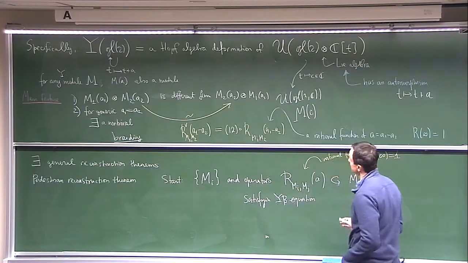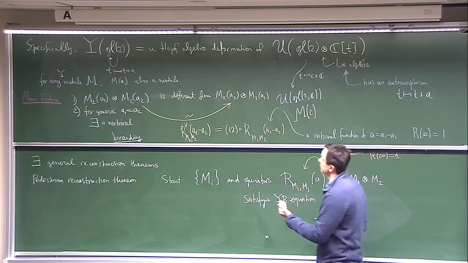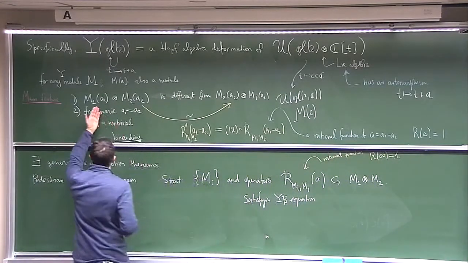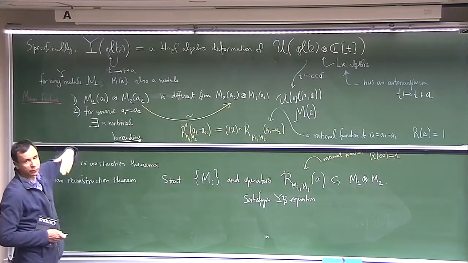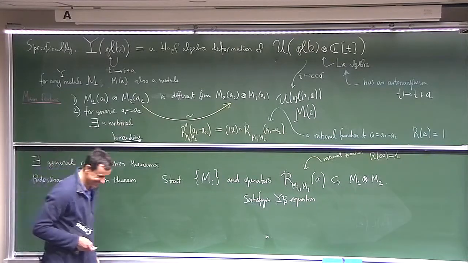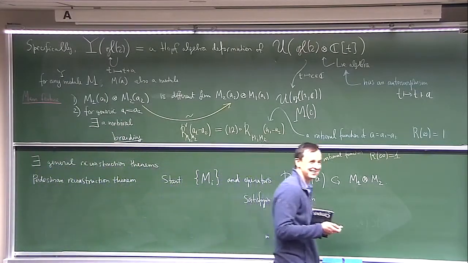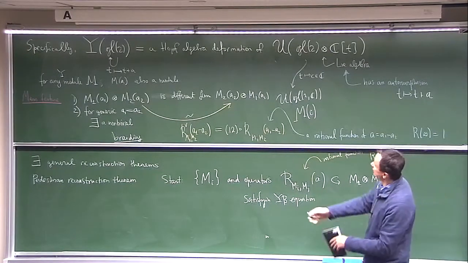This comes from the fact that if I have a tensor product, what's the Yang-Baxter equation? The Yang-Baxter equation says if I have a tensor product of 3 modules, I can put them in the opposite order in 2 ways. And the equality of these 2 is required in this context.